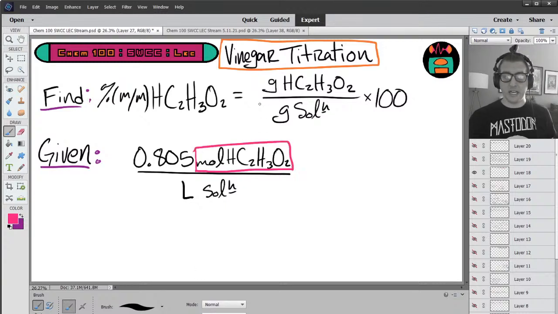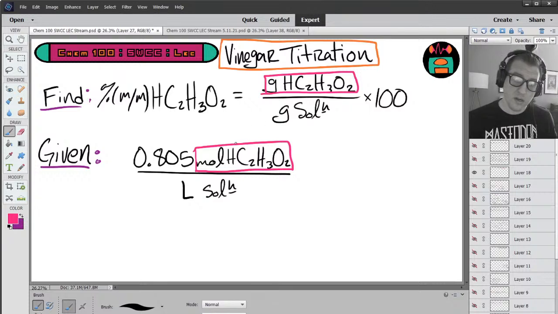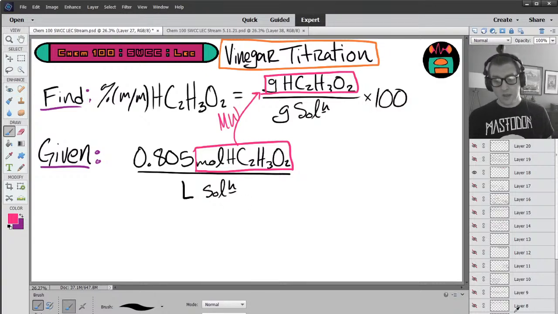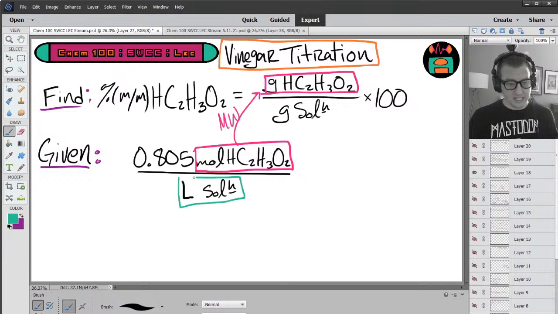For example, molarity has moles of solute in the numerator. Percent mass has grams. Well, we can convert from moles to grams using molecular weight, right? The denominator has liters of solution for molarity.